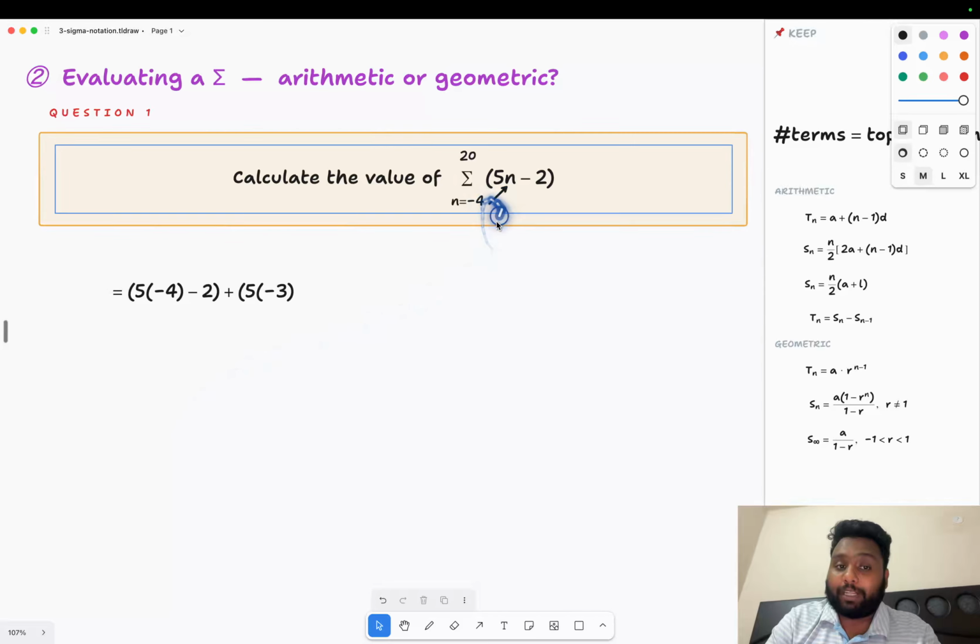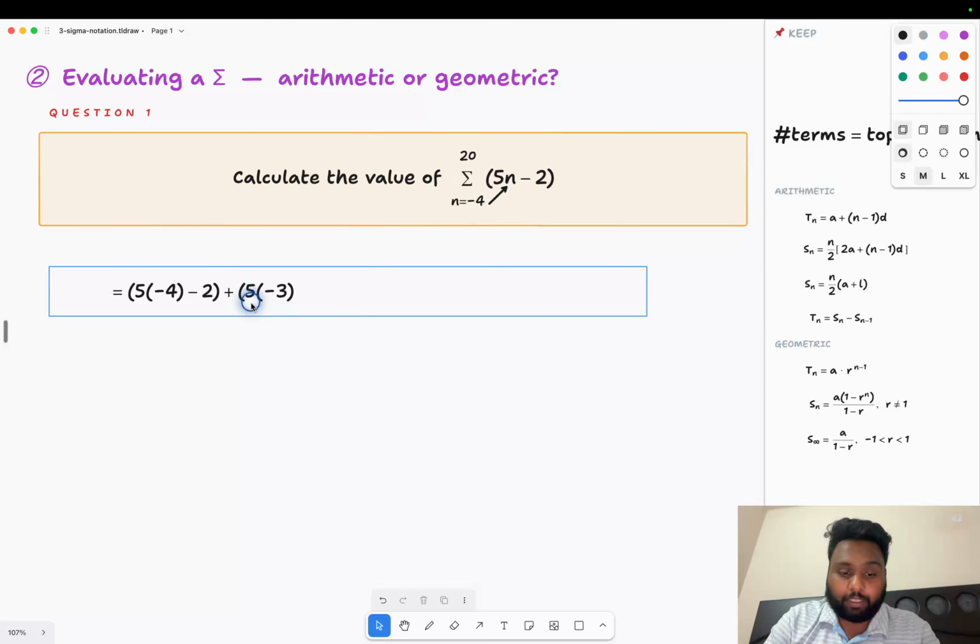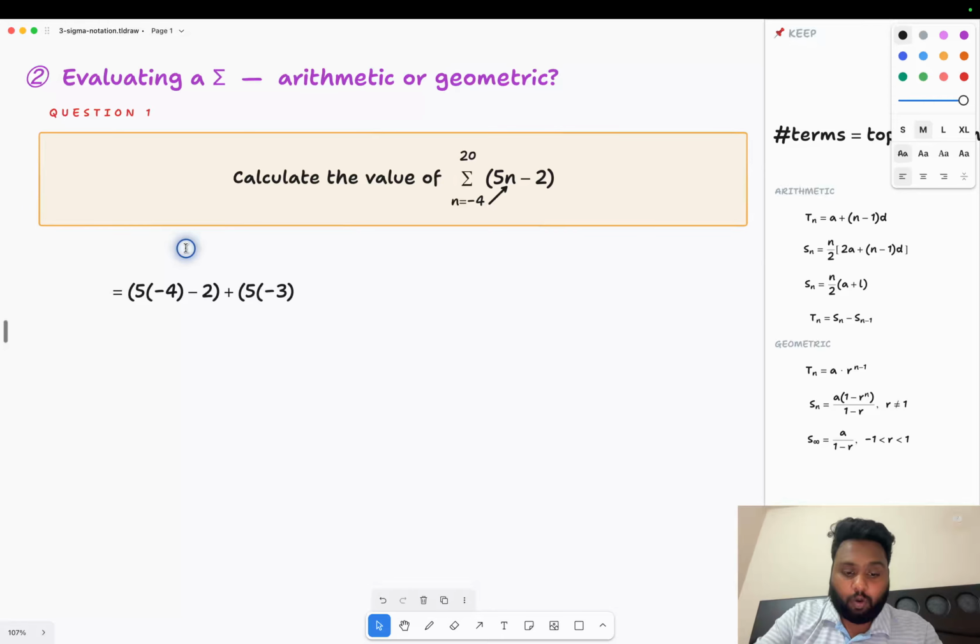Then let's substitute minus 3, then minus 2, minus 1, and so on up till 20.